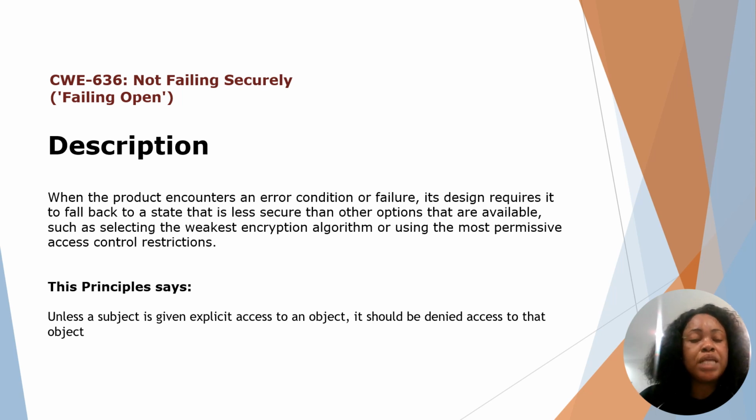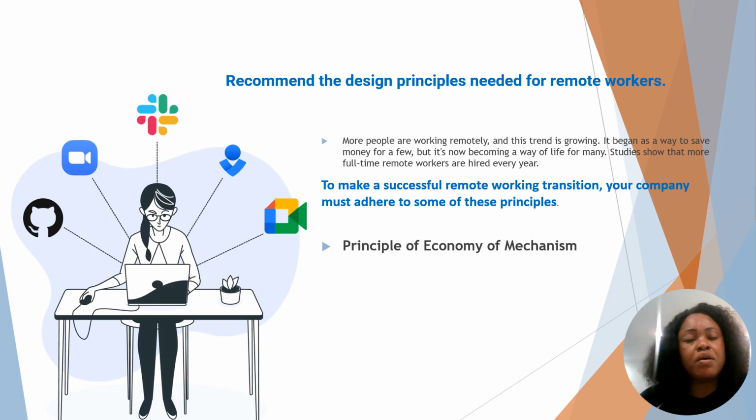And this principle says that unless a subject is given explicit access to an object, it should be denied access to that object. So I'm going to recommend the design principles needed for remote work.